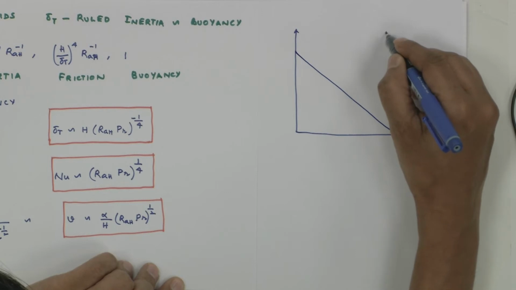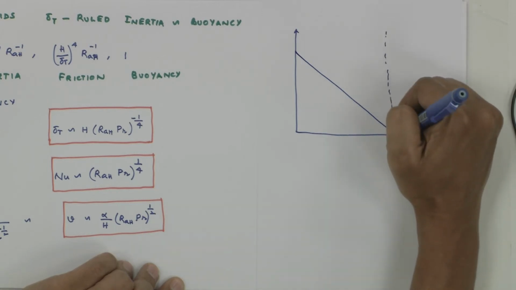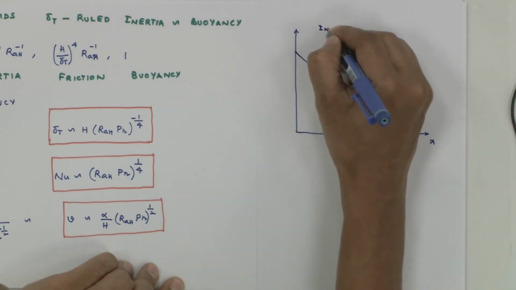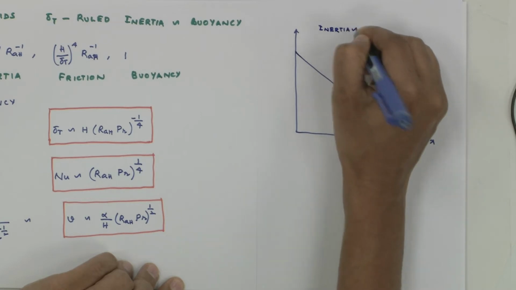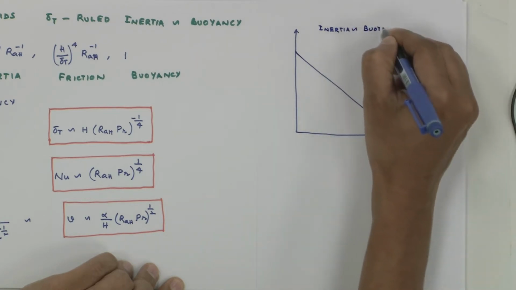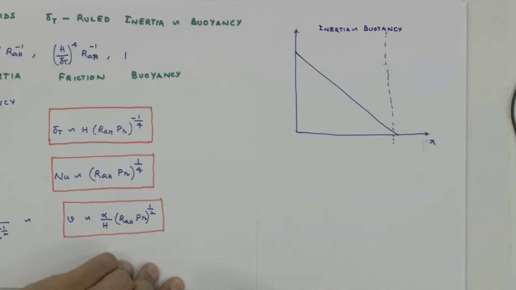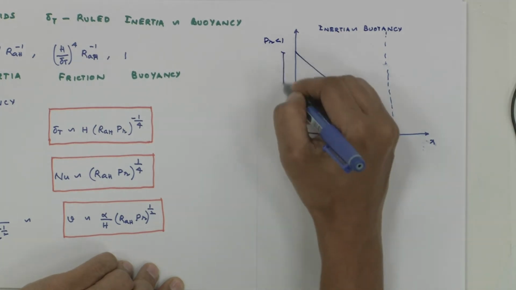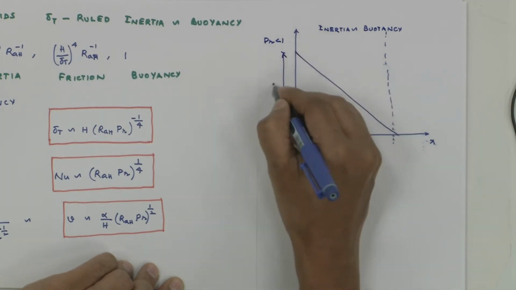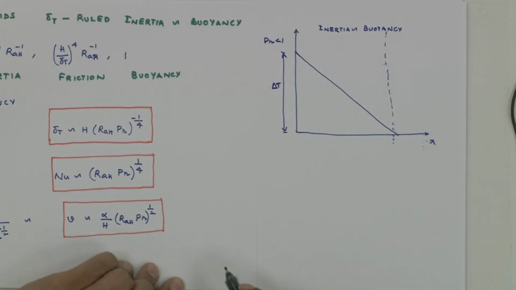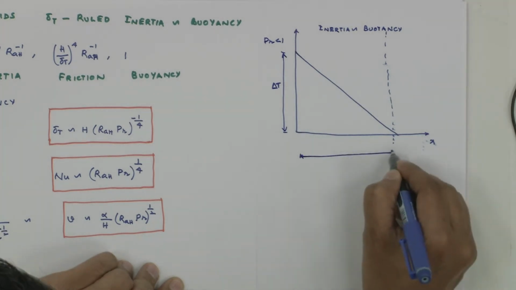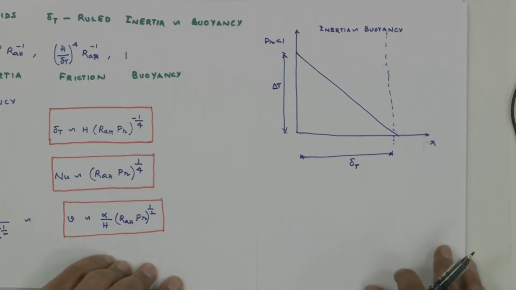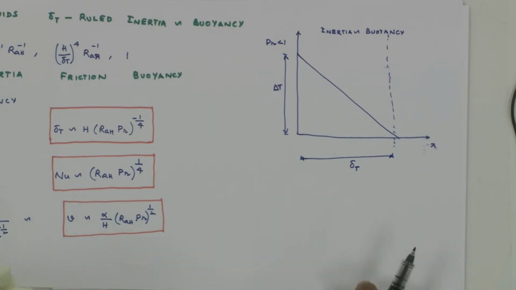This is the heated layer, in which you have inertia balanced by buoyancy. This is Prandtl number less than 1, and this vertical axis is my delta t, and this is the domain delta t.